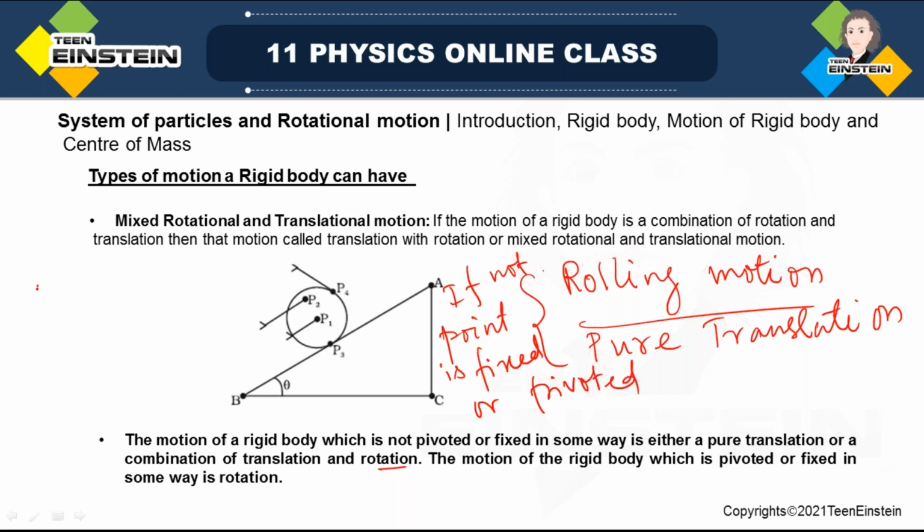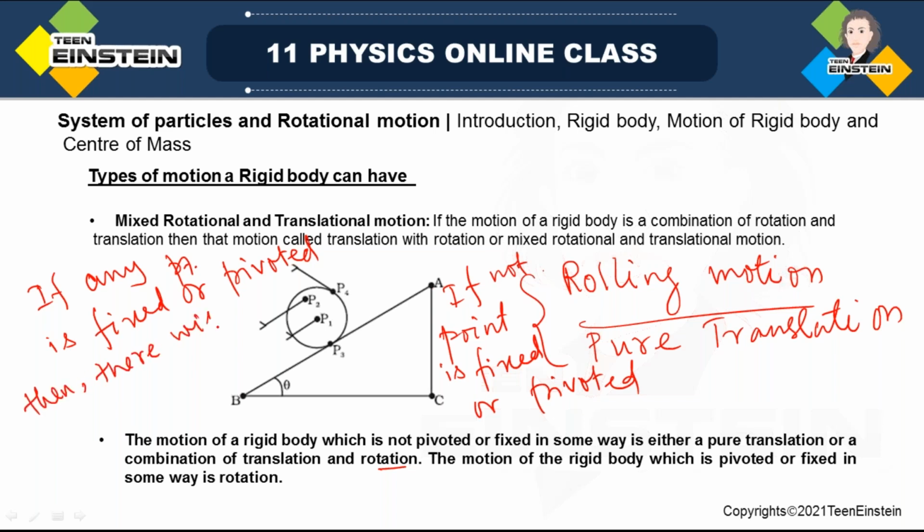Now if any point is pivoted or fixed, then there will be a pure rotational motion, pure rotation.